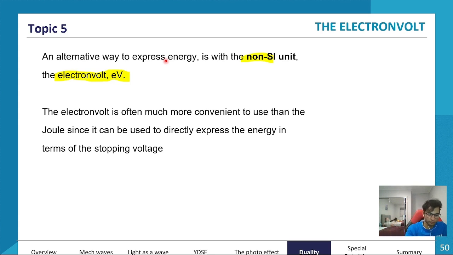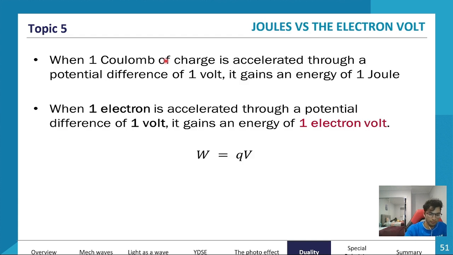The electron volt is how much energy an electron has if it's charged with 1 volt. So when 1 electron is accelerated through a potential difference of 1 volt, it gains 1 electron volt.